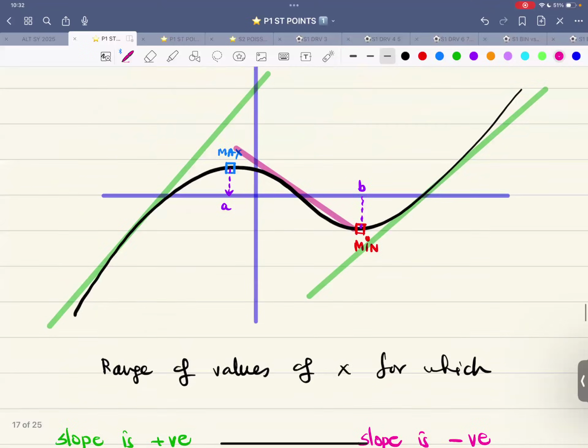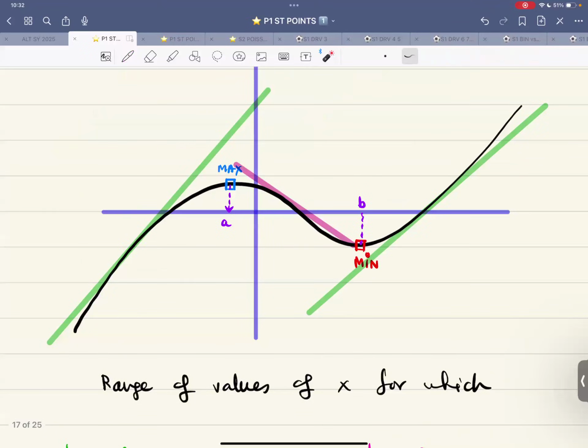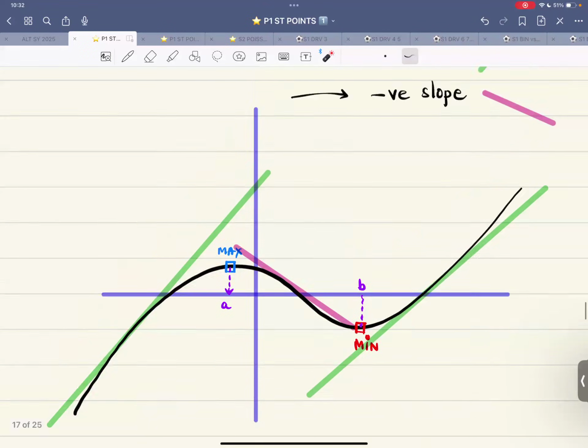So when I talk about slope is positive, wherever I draw a tangent over here till the turning point, because at the turning point, the gradient is 0. That is why we have dy by dx equals to 0.